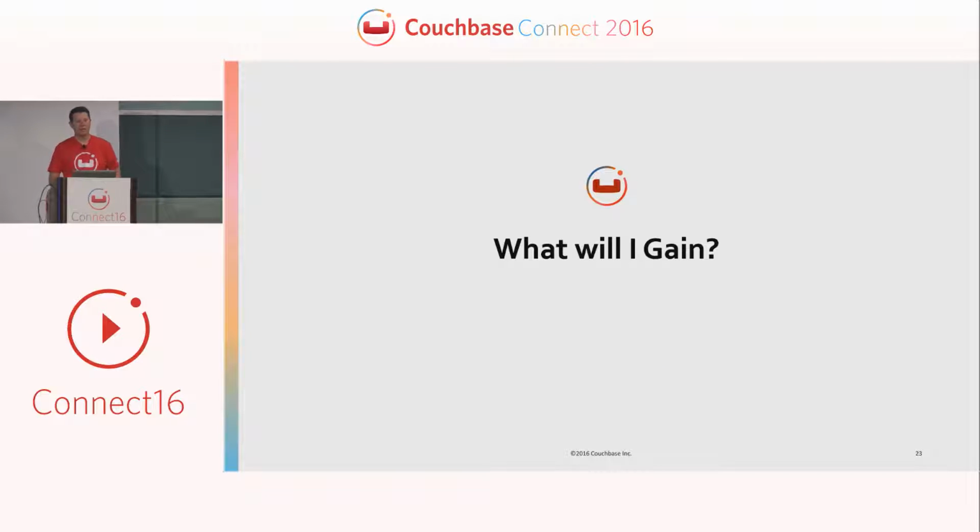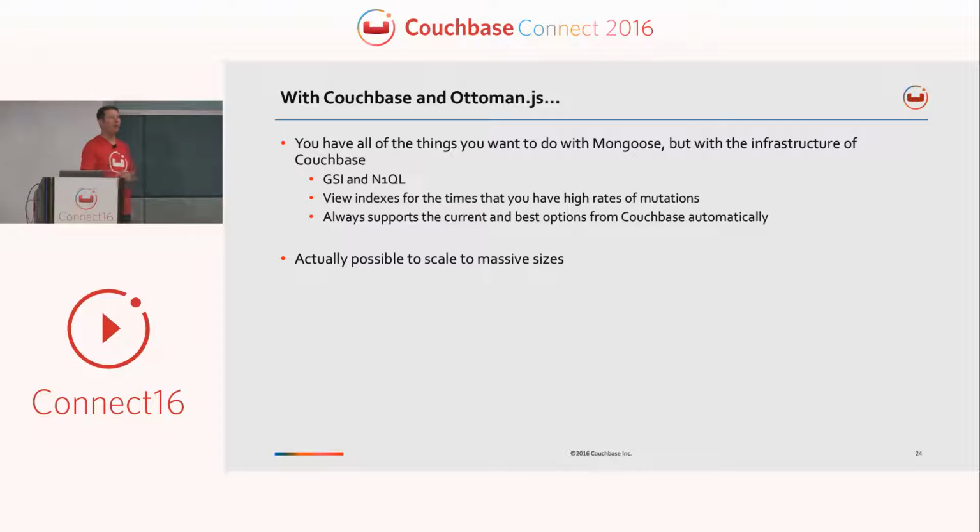Now you might ask yourself, well, what do I get out of all this migration? Well, the cool thing is that you still have all of those things that you want to do with Mongoose, but now you actually have Couchbase behind it instead of MongoDB, where you have to worry about all the sharding and how am I going to shard and what is my consistency model going to be. So you have GSI, global secondary indexes.